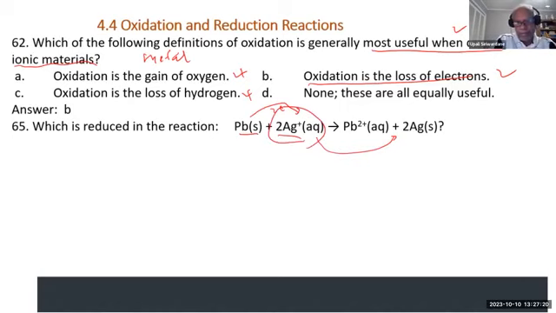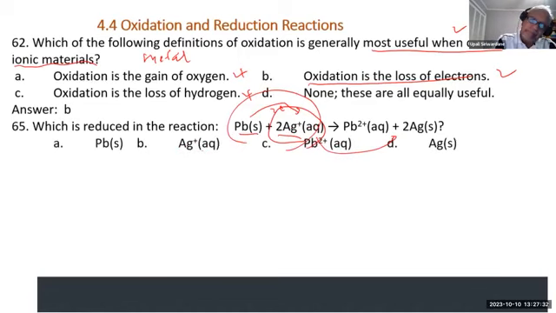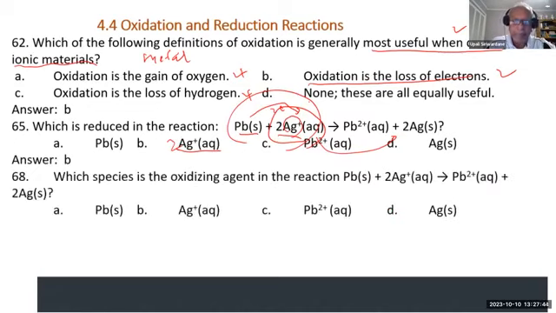You look at the product side. This is the species. Silver plus is the one reduced. There's a stoichiometric coefficient. We don't put 2. That's understood. Silver plus is the one that is reduced. B is the correct answer.